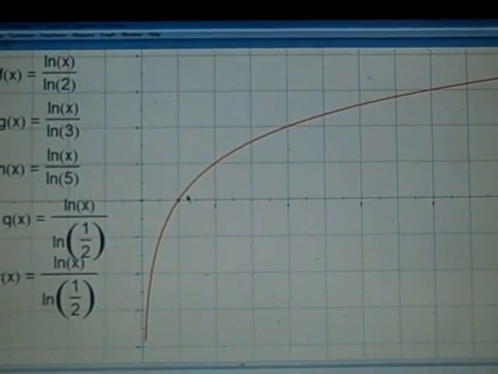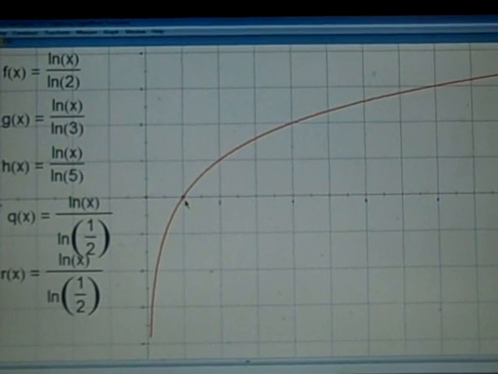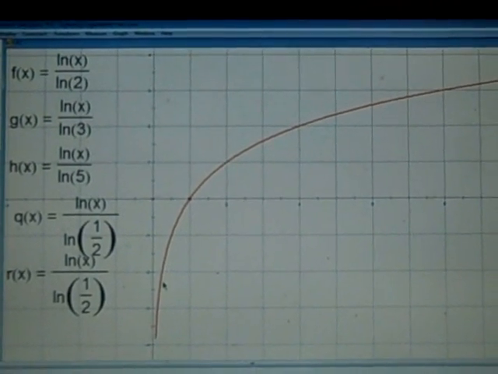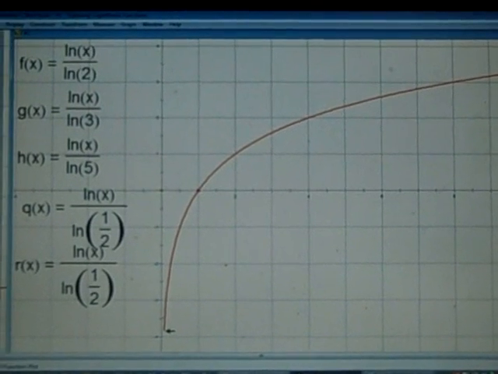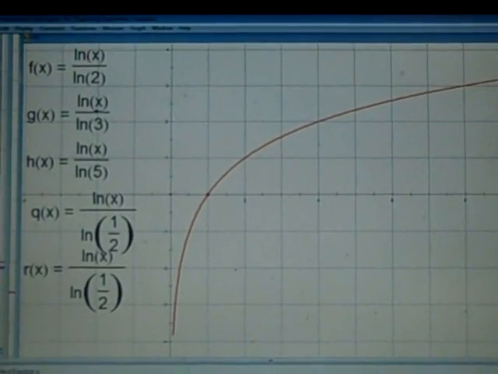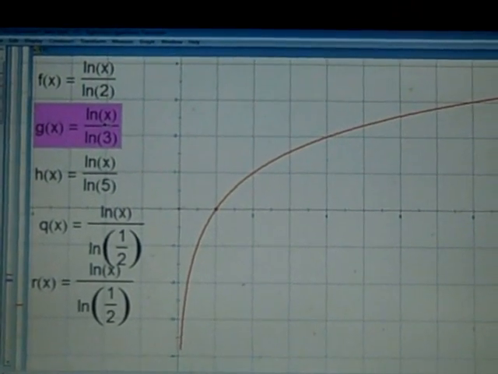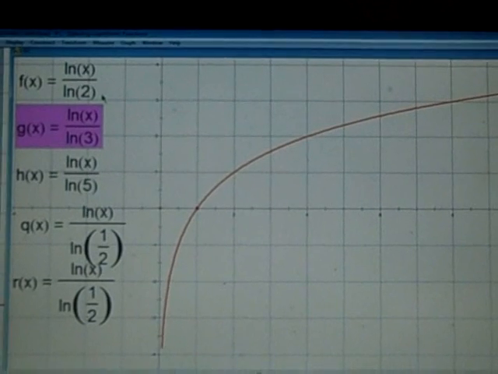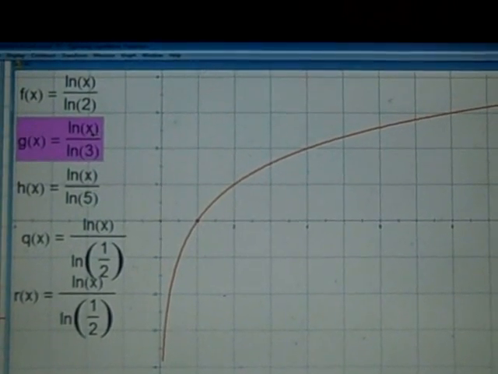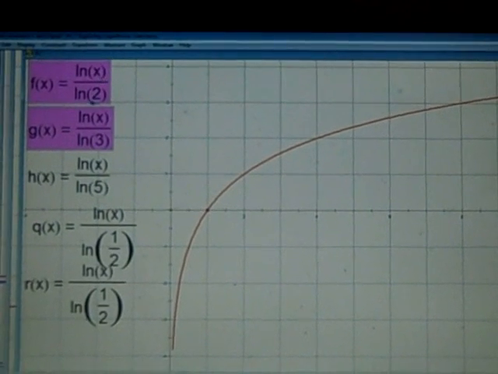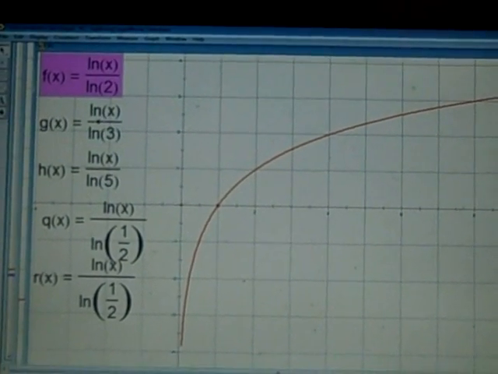As we get closer to 0, never actually crossing 0, the y values decrease down towards negative infinity. This red graph is the graph of the log base 2 of x. Because of some limitations with Sketchpad, I'm not able to type in log base 2 of x. What I needed to do is use the change of base formula, which is the natural log of x divided by the natural log of 2.